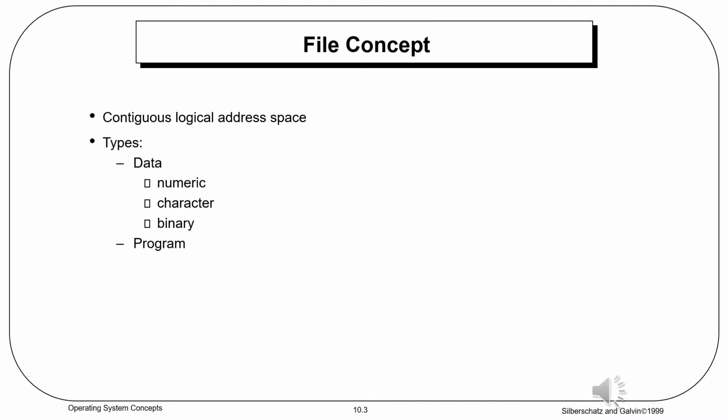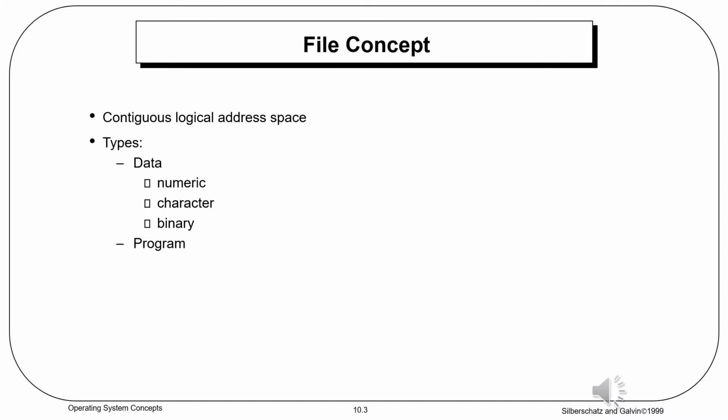Files represent programs, both in source code and object forms, and data. Data files may be numeric, alphanumeric, or binary. Files may be free form, such as text files, or may be formatted rigidly.